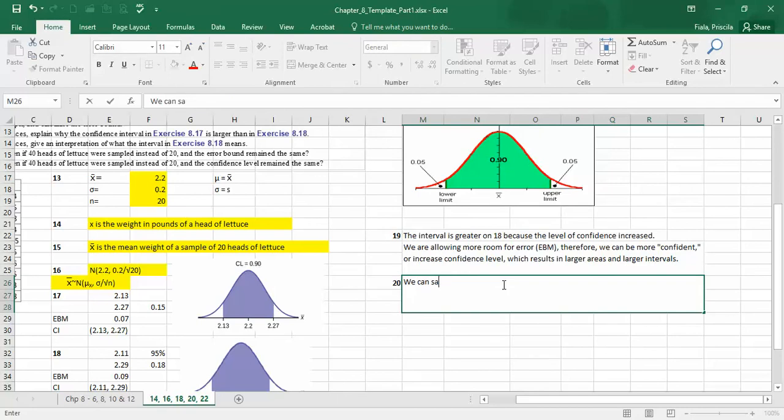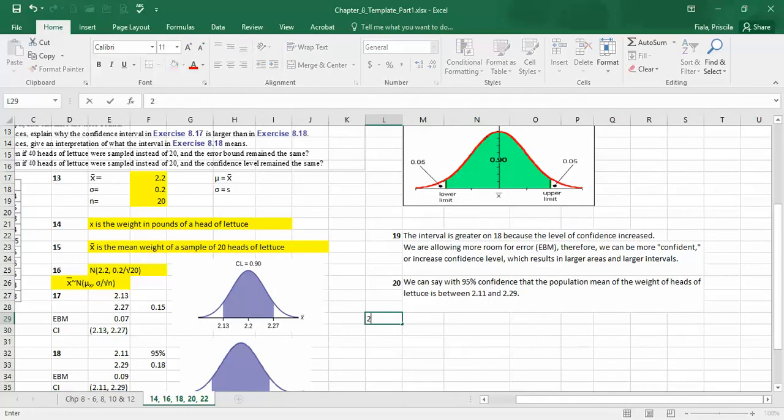So we can say with 95% confidence that the population mean of the weight of heads of lettuce is between, what is it, I'm looking over here, 2.11 and 2.29.